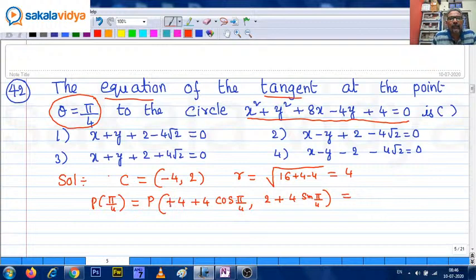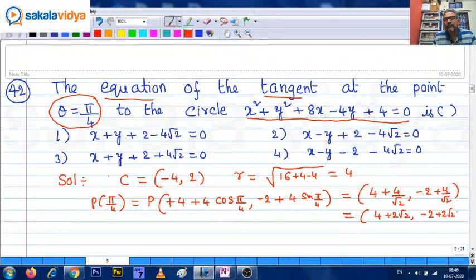Here plus 4 you need to write. Here minus 2. Right, minus g, minus f. So this will be 4 plus cos 45 is 1 by root 2, 4 by root 2, comma this will be minus 2 plus 4 by root 2. This can be written as 4 plus 2 root 2, and this will be minus 2 plus 2 root 2.